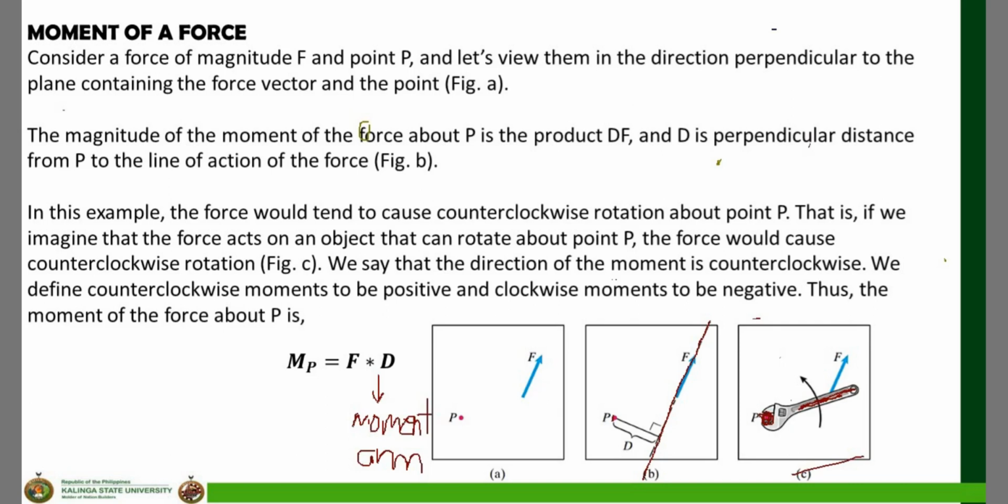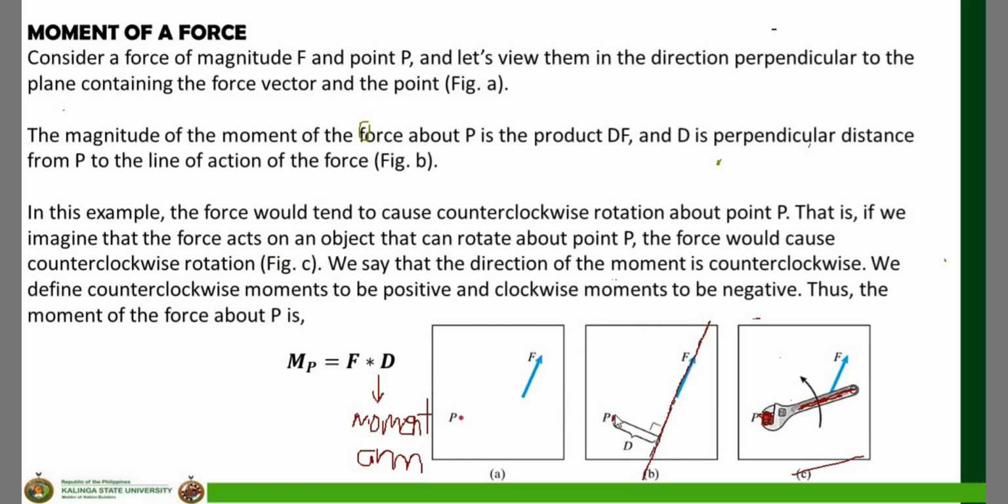The moment arm is the perpendicular distance from point P to the line of action of the force.